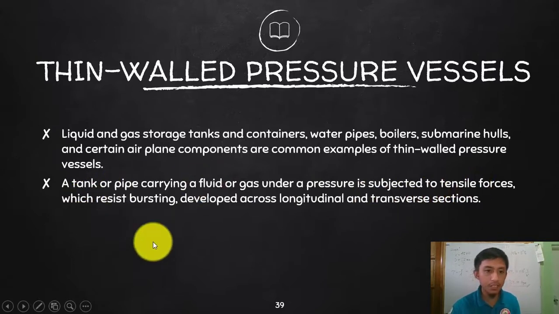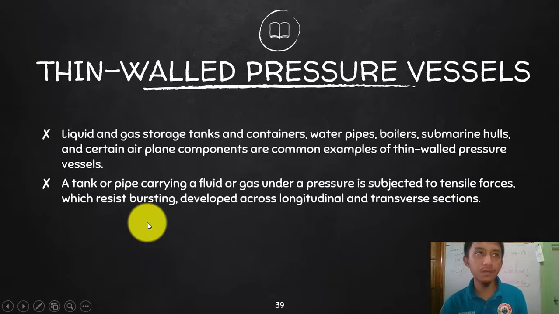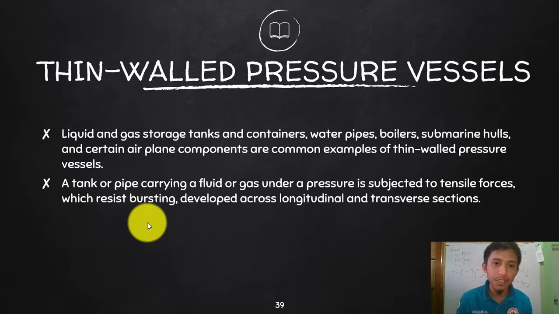The type of load handled by these thin-walled vessels is what we call the bursting pressure, because it is trying to force the material outwards in any direction. That's why we call it bursting pressure.